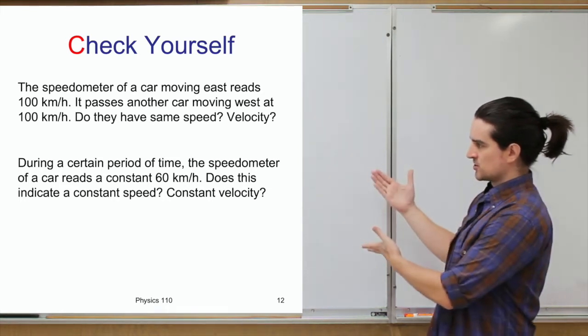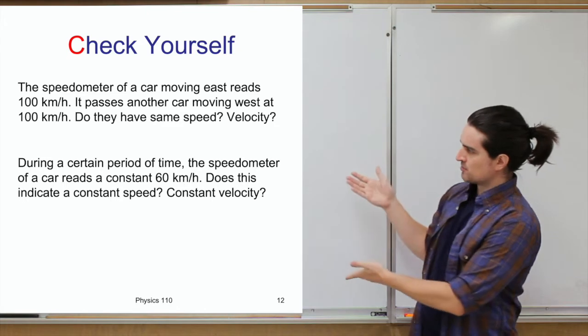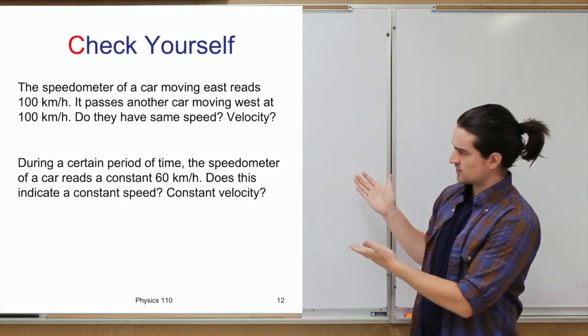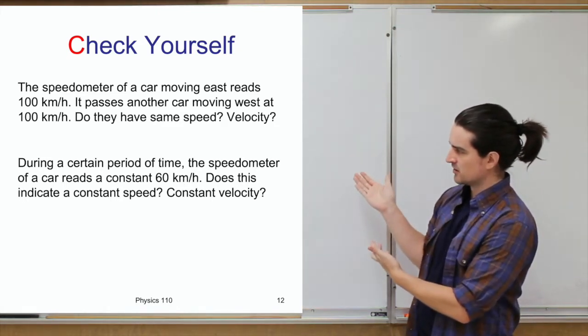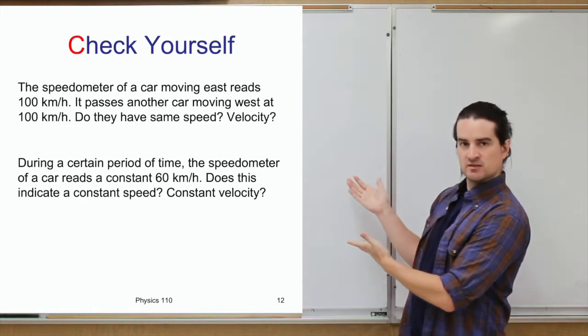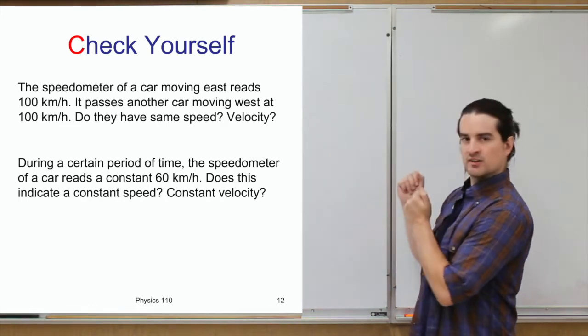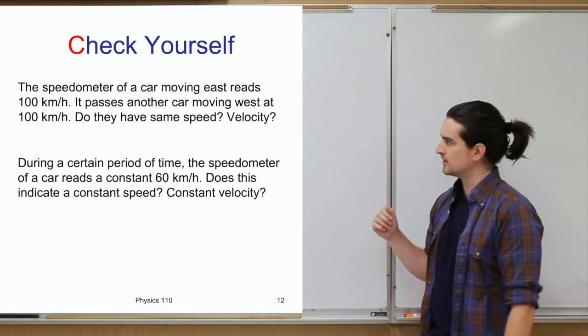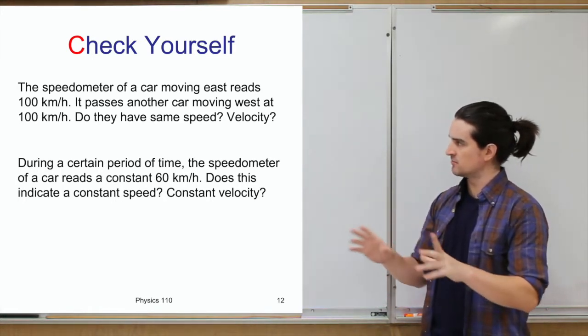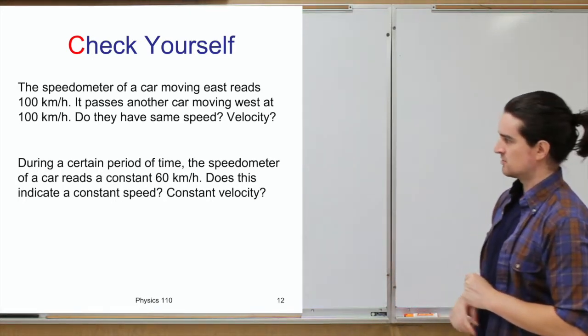And then in a separate question, if during a certain period of time the speedometer of your car shows a constant 60 kilometers per hour, does that indicate a constant speed? And does that also indicate a constant velocity? So again, pause and write down your answers for each of these.